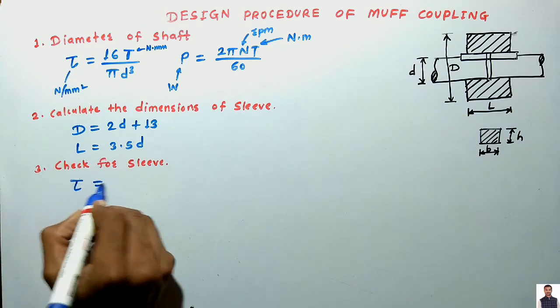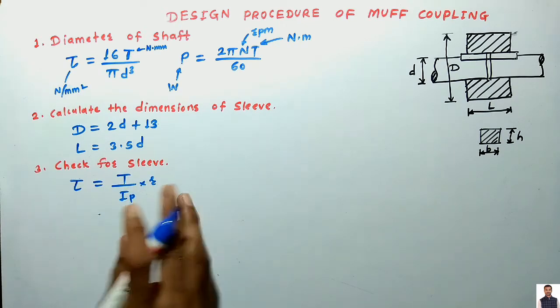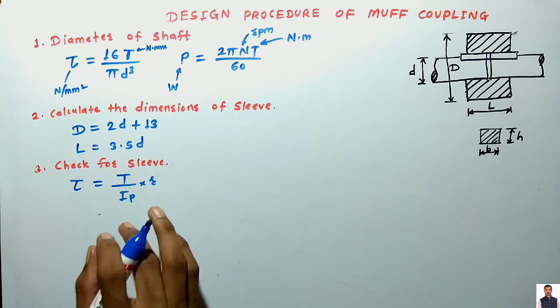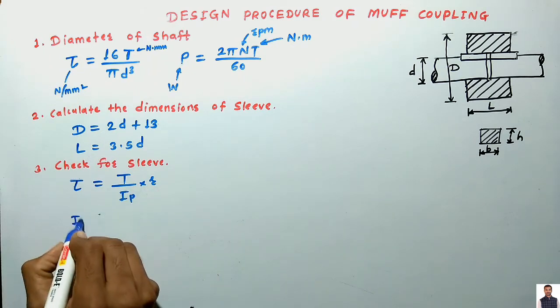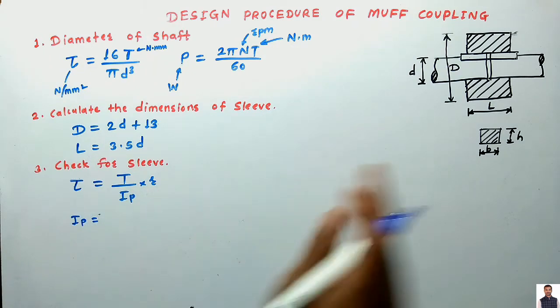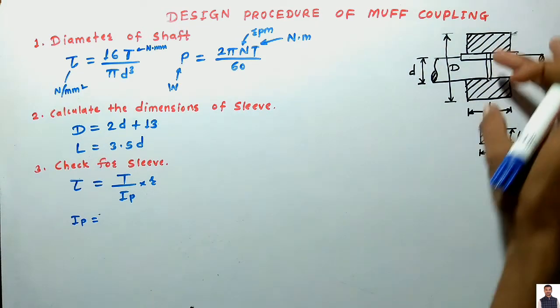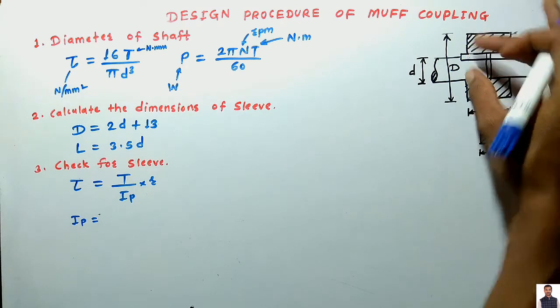So we know that tau is equal to T divided by IP into R. From the torsional formula, tau is equal to T divided by IP into R, where IP is the polar moment of inertia. Now for the polar moment of inertia of this sleeve, the sleeve has outer diameter capital D and inner diameter small d.